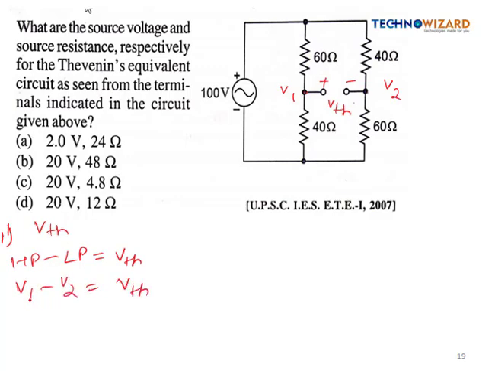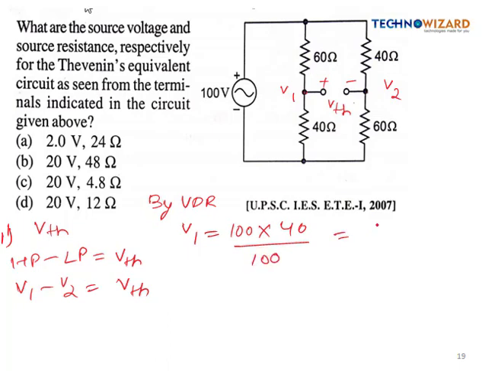So if we find the values of V1 and V2, we'll find the value of VTH. We can calculate V1 and V2 by the voltage division rule. So V1 is the total voltage into the resistance across which we have to find V1, which is 40, divided by the sum of both, that is 40 plus 60, so it will be 100.